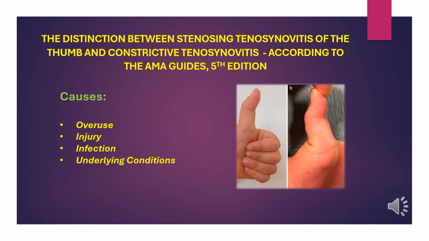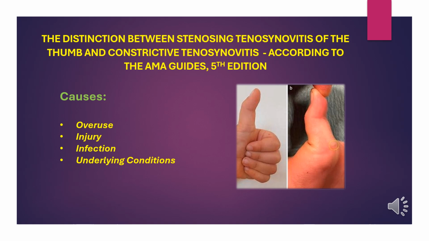So, some potential causes for this condition. The constrictive tendinopathitis can be caused by several factors, including overuse, which would be a repetitive motion or overuse of the tendon that can lead to inflammation and a thickening of the sheath. Here comes to mind a cumulative trauma injury, work comp.